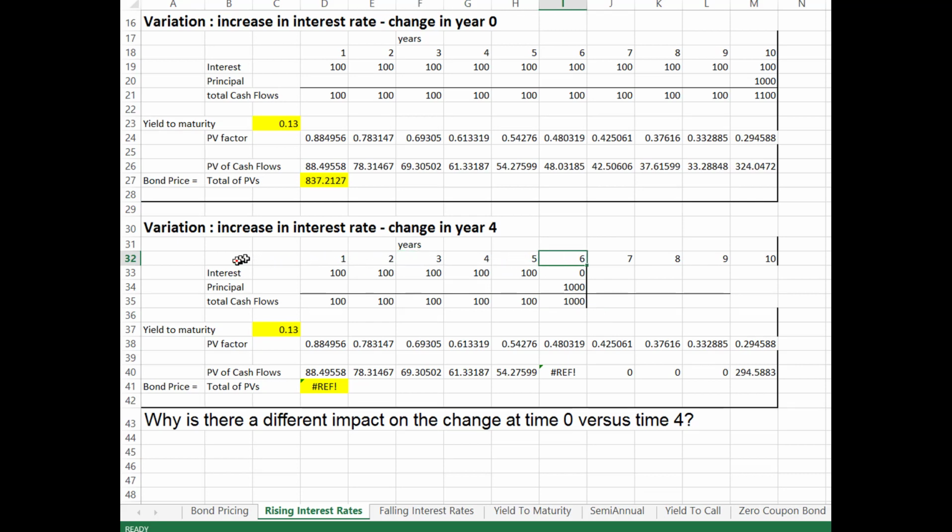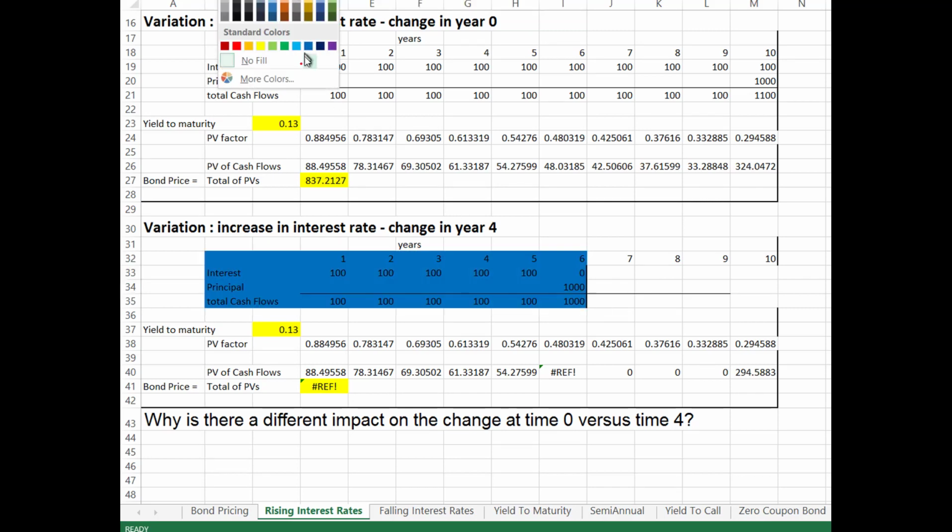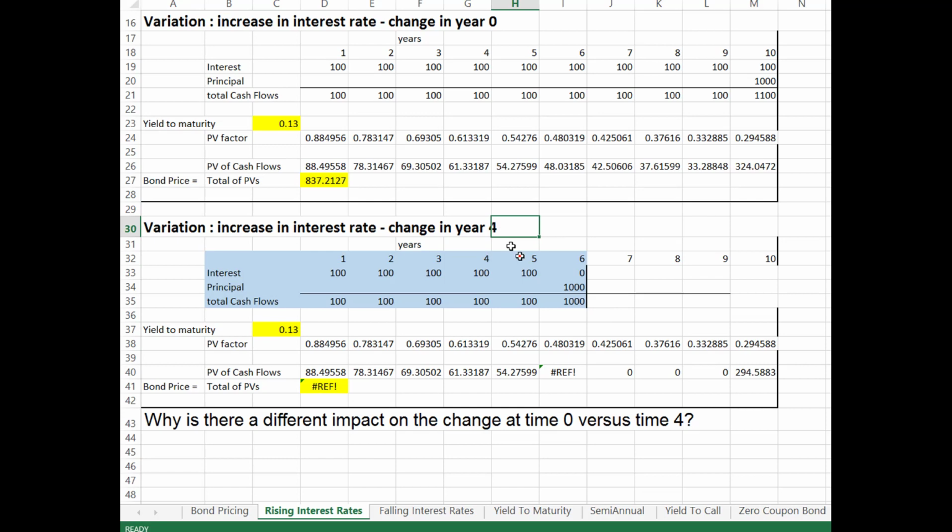So this is now the new cash flow as of the end of year 4. We have 6 years left. Okay, so now the yield to maturity of 13% is applied to this cash flow, and let's check it.